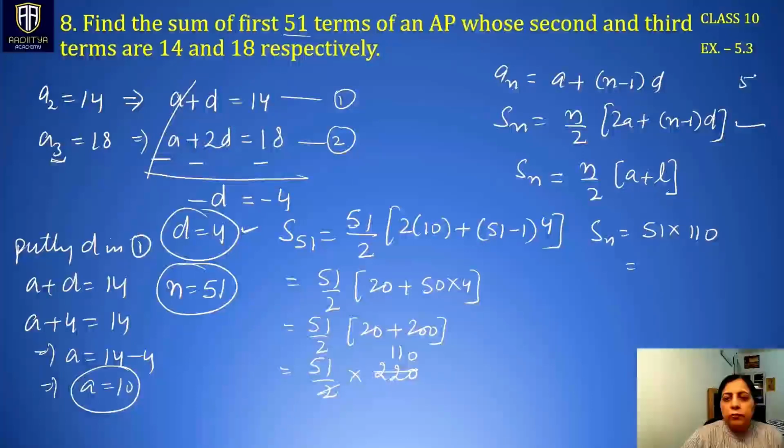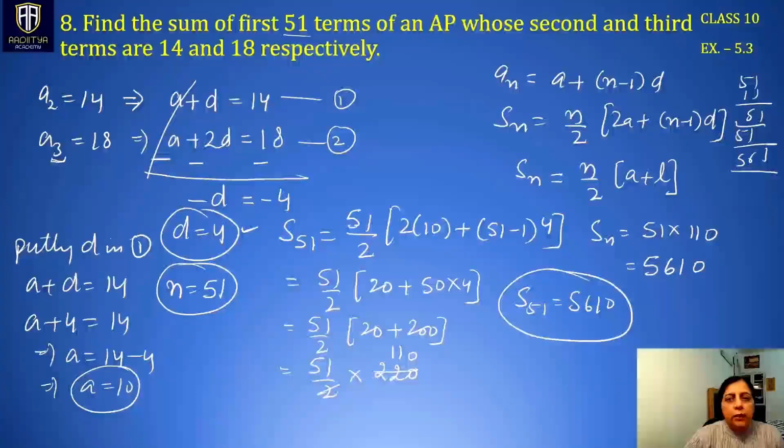So we have 51 multiplied by 11, which is 561. So 5610 is the sum of 51 terms. So S51 is 5610.